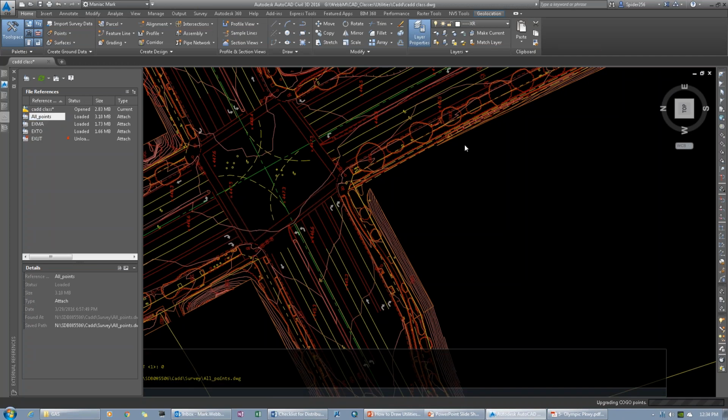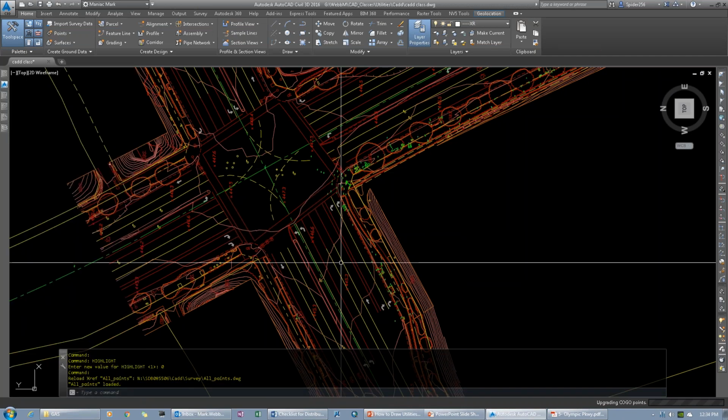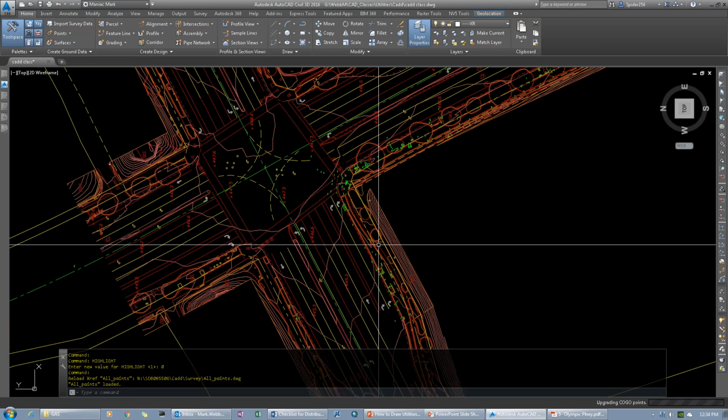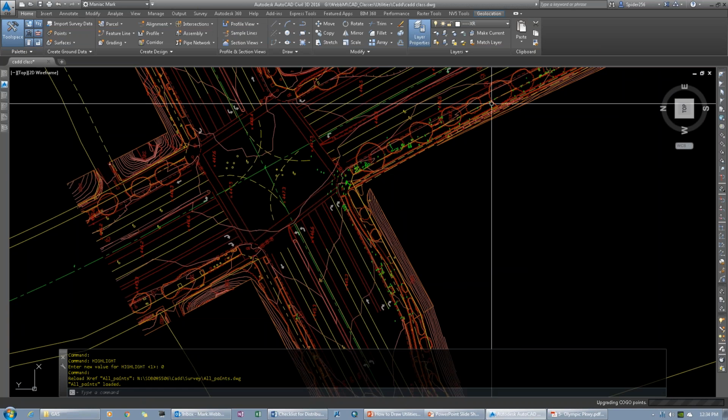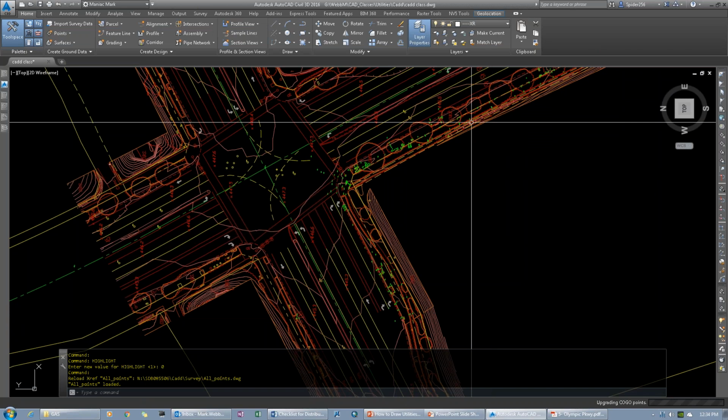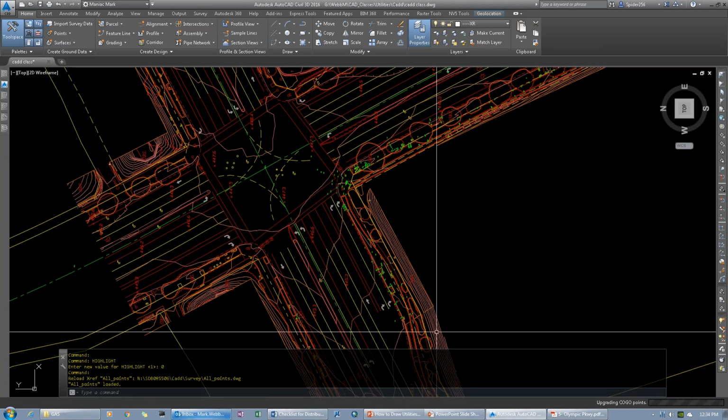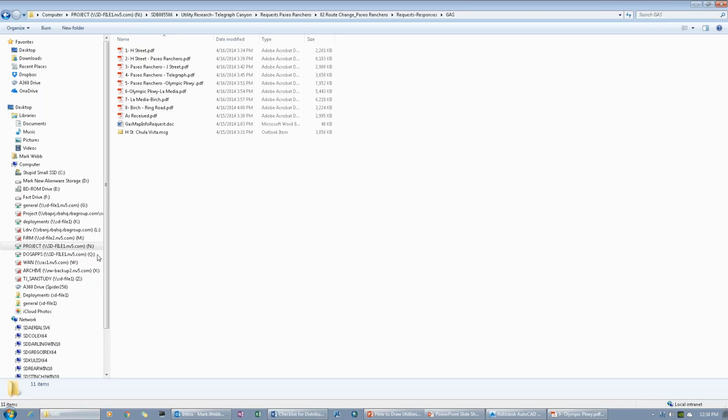And this is a lot of times what happens, you'll get a whole lot of survey data around where you're working, but not a whole lot of survey data elsewhere. That's where you'll have to use drawing plans, other kinds of information that are available to you. Where do I find this information? Is one of the questions I get a lot.